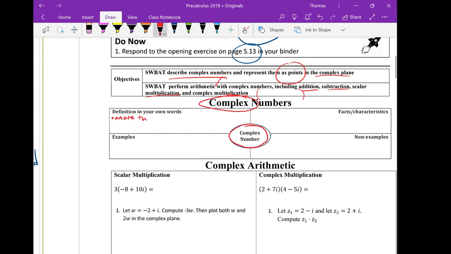So these numbers might have more than one part. And in particular, we also found that they have a real part and an imaginary part.